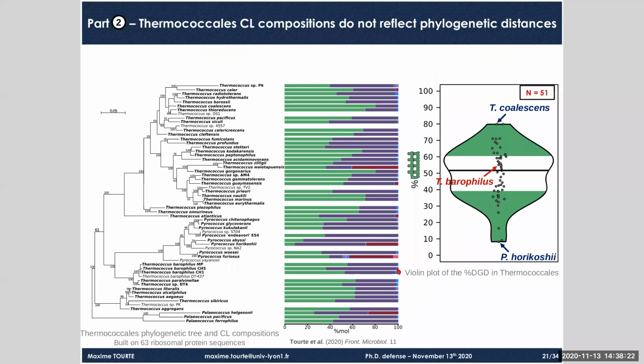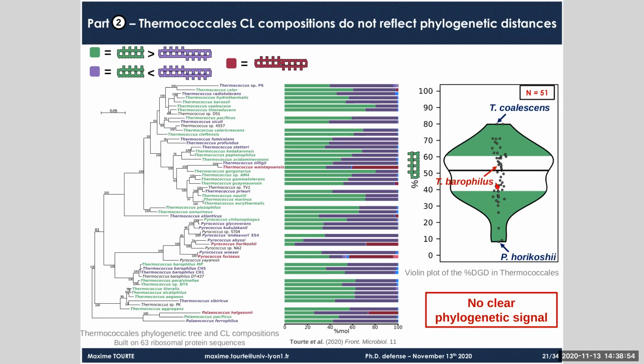But as you can see here, the Thermococcales exhibit quite a large variety of lipid composition that we try to assess here using the proportion of diethers in red. This proportion ranges from 8% in Pyrococcus abyssi here to 80% in Thermococcus coalescens. So we tried to sort this variety out by drawing statistically supported groups of Archaea depending on their lipid composition. We came out with three groups. In green, we have the species that produce more diethers than tetraethers.